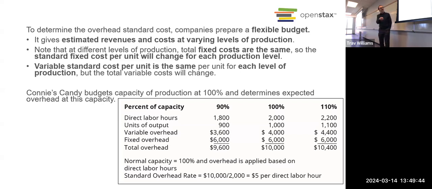Obviously, if they need 2,000 hours normally, if they drop down to 90% of that, they only need 1,800 labor hours, right? And if they go up to 110%, they need more hours. Make sense? That would also change the number of units that they're producing. It would also change their variable overhead. But of course, it does not change their fixed overhead. Right?